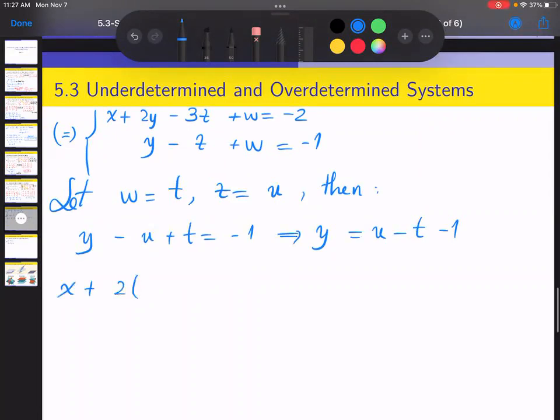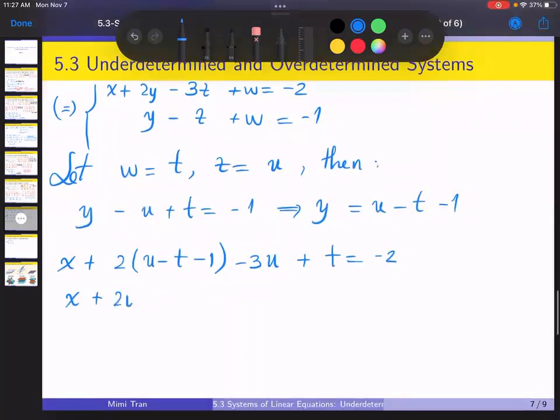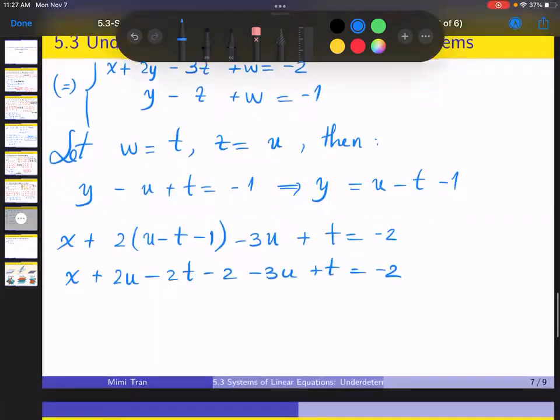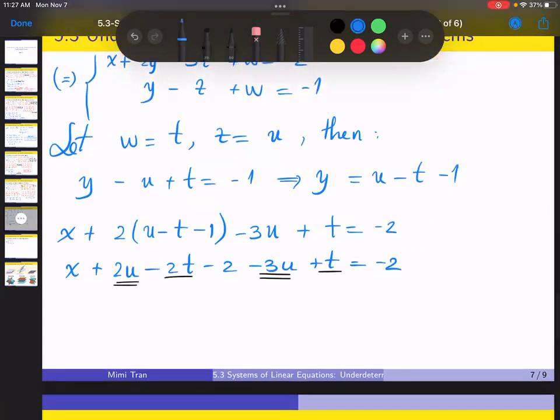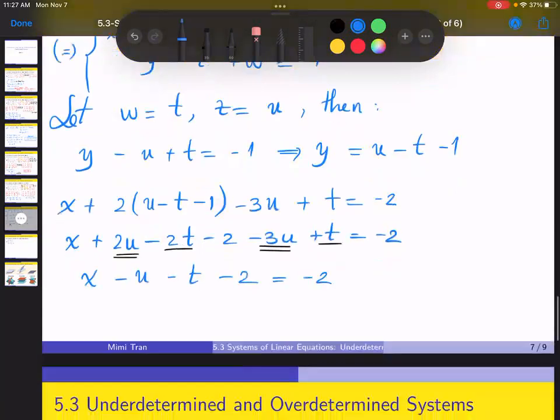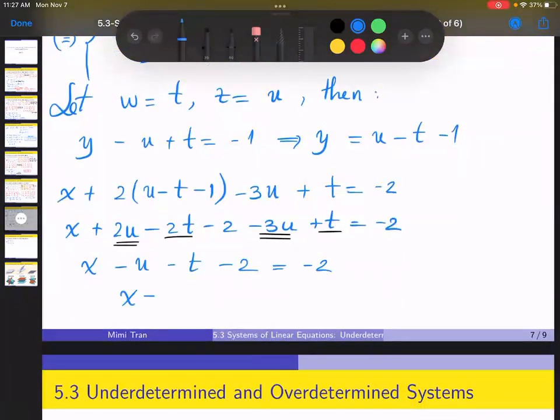X plus 2Y, Y is U minus T minus 1, minus 3Z, which is minus 3U, plus W, which is plus T equal -2. Combine like terms. X minus U minus T minus 2 equal -2. Add to both sides, X equal U plus T.